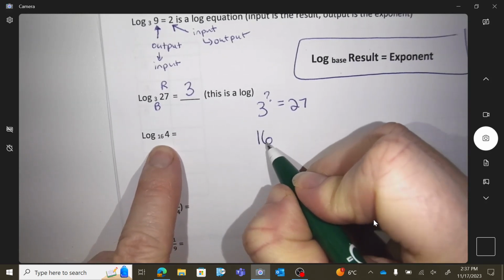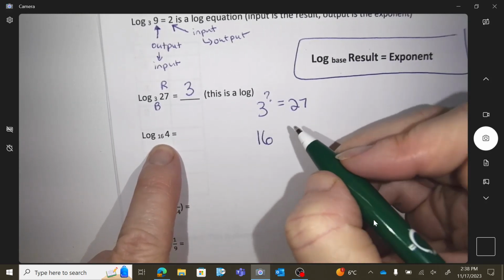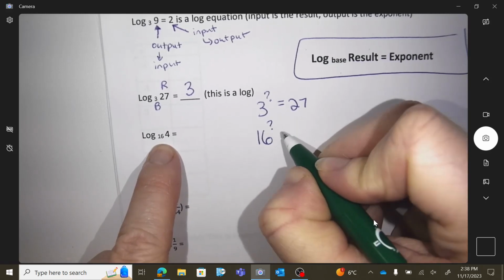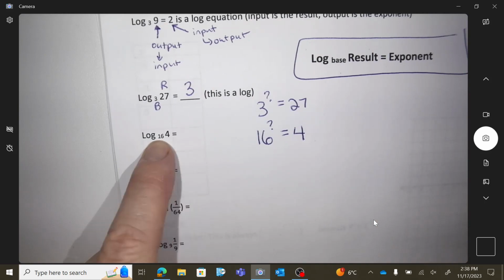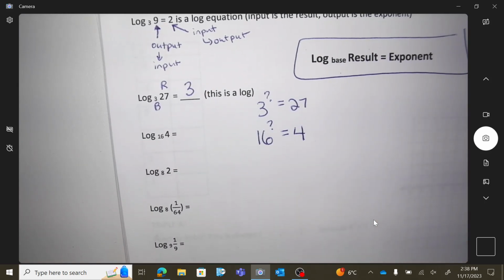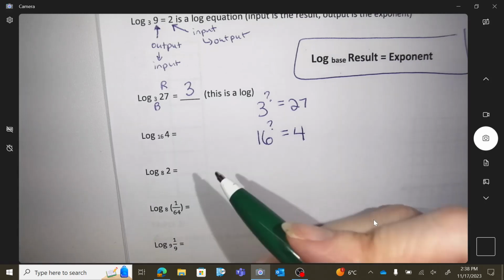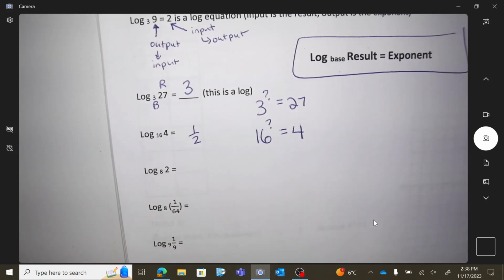16 is the base. What is the exponent that will produce a result of 4? 16 to the what would give me a 4? 16 to the 1/2. Because it's a square root.